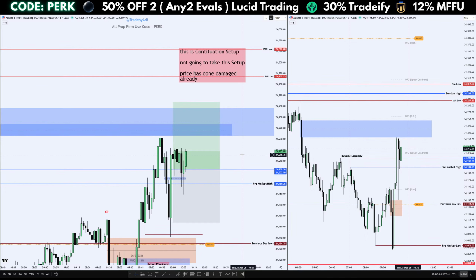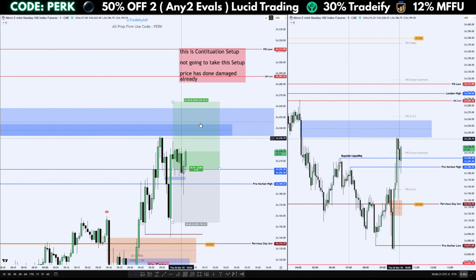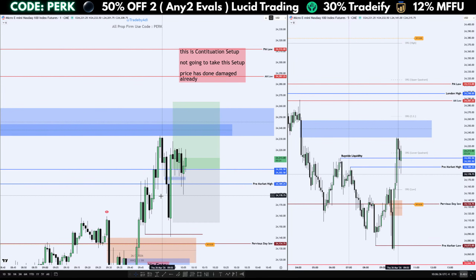And my target has been hit already. This setup is the one I wanted to take. It has not hit, so we'll just wait and watch this market. This setup is not bad. It is the continuation setup. After the stop run, we have the inverse FVG.